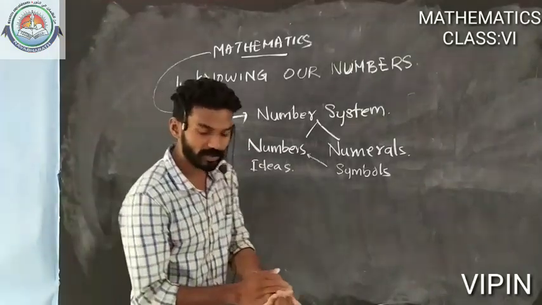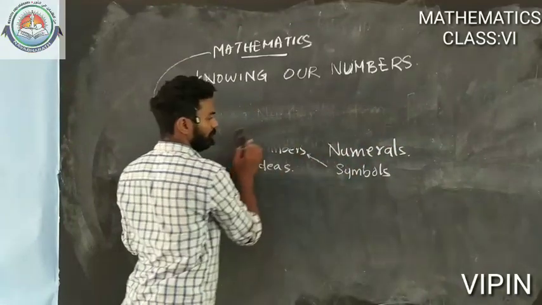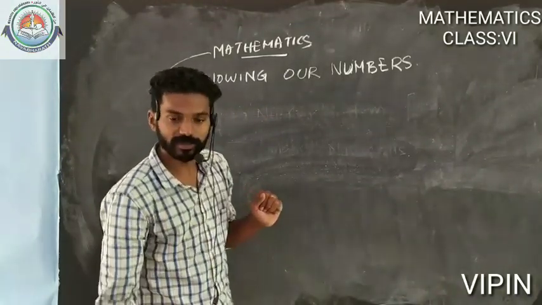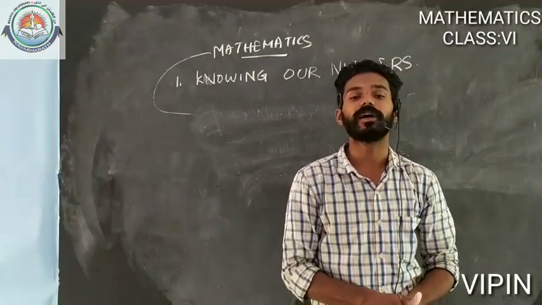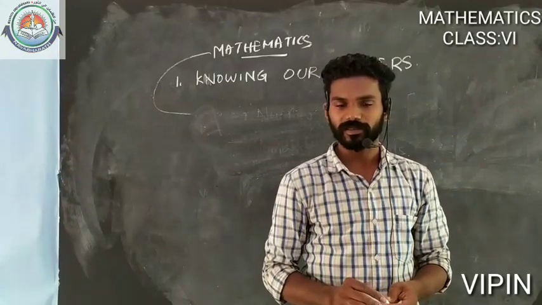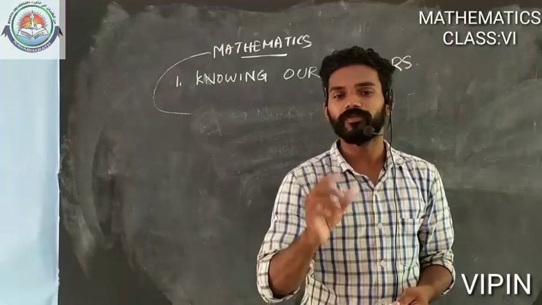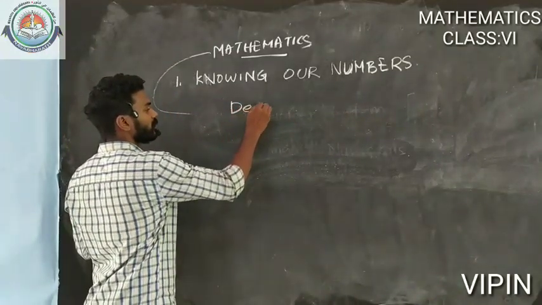And all over the world, different types of number systems are used, according to their convenience for the situations. Out of that, the one system that we are familiar with is the decimal system.